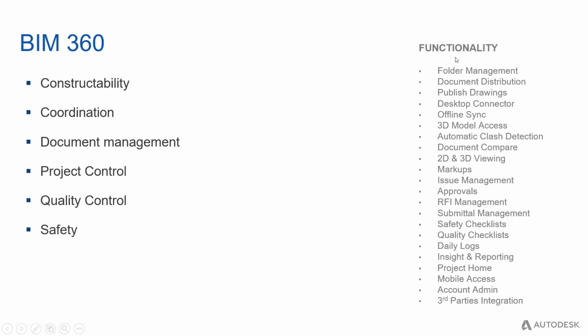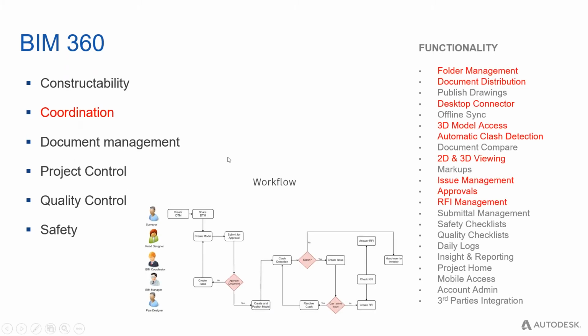On the right-hand side is the functionality which is available in BIM 360, and again, not all of it. What is important to understand is that the workflows on your side can be addressed by a workflow diagram which can show how the data will flow, who will do what, and what will happen if somebody answers.